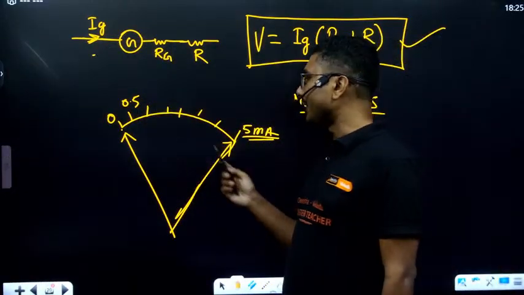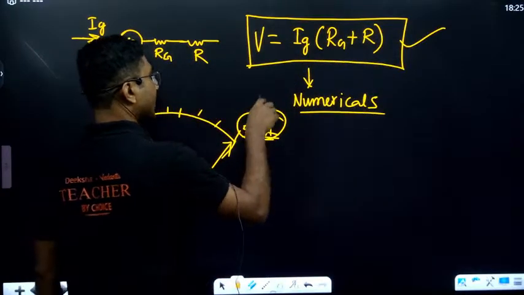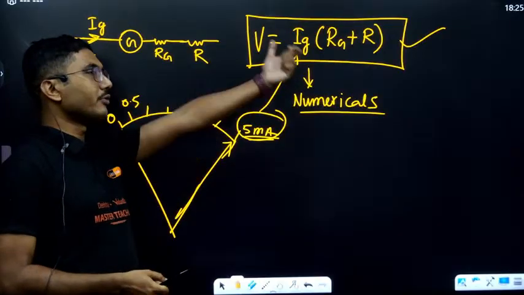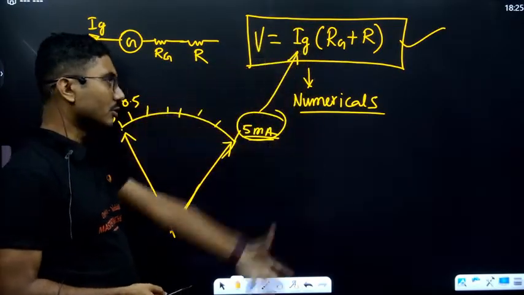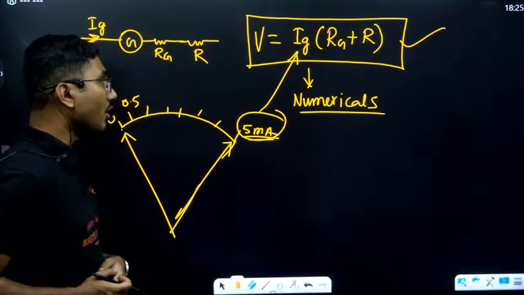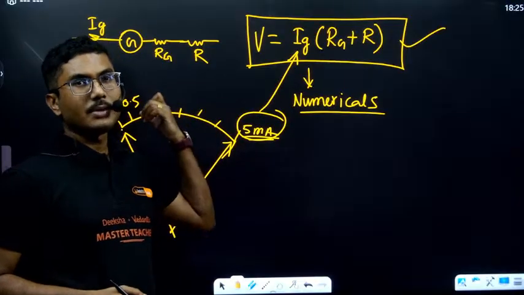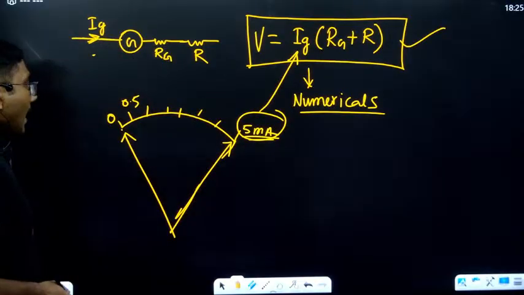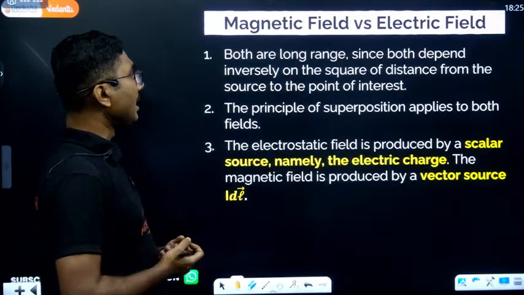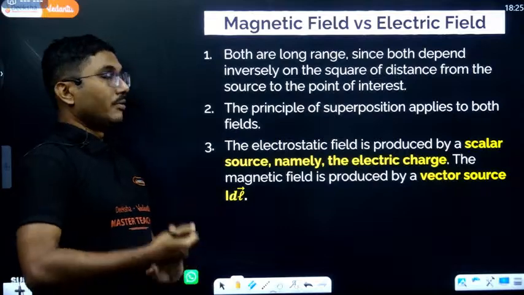But full scale deflection refers to the maximum possible current, and that refers to this current Ig. If you want to reduce this Ig, that is also possible by adding series and parallel resistances. But remember that whenever we talk about full scale deflection, the current referred to here is the maximum current. We will see some numerical questions; I think in our upcoming sessions we will have a PYQ session.